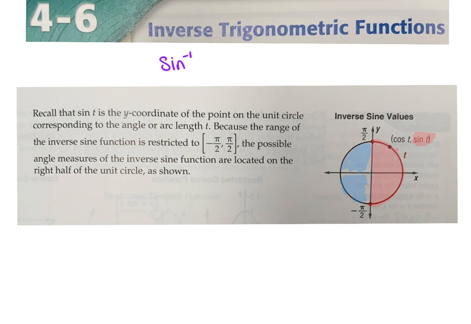And so they just use this range from negative pi over 2 to pi over 2. If they have a negative trig value for sine, you're going to tell me the fourth quadrant, negative value. If they have a positive sine value, you're going to tell me the first quadrant, positive values. Negative pi over 2 to positive pi over 2 will cover all of your possibilities of answers for sine.